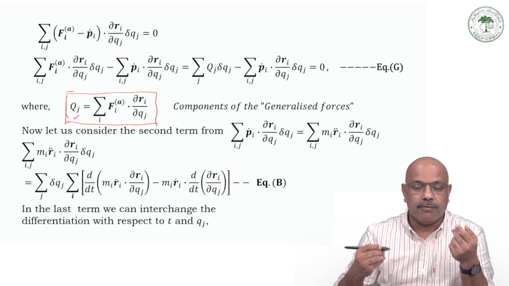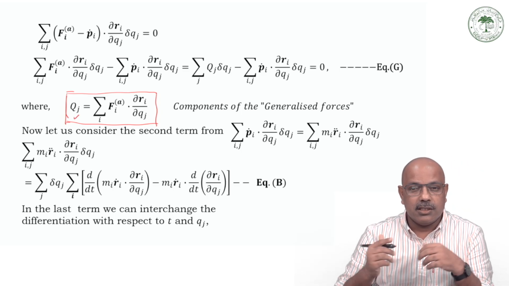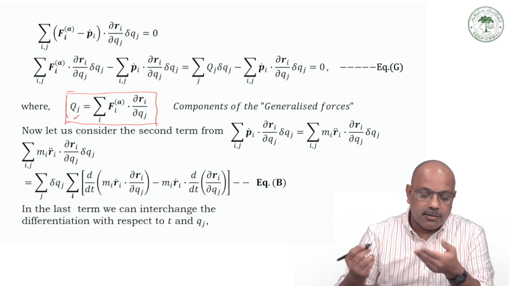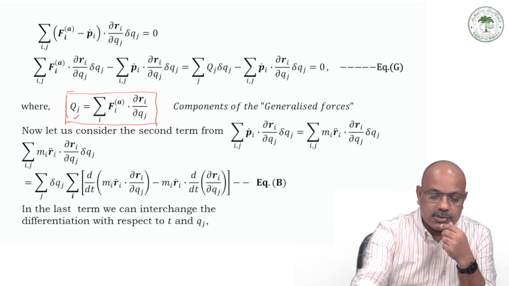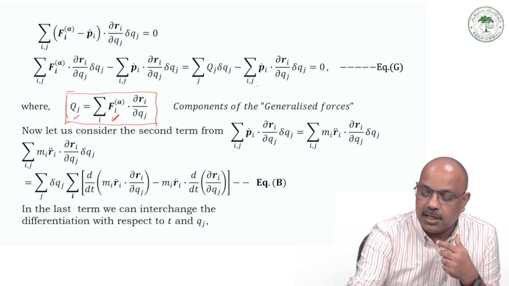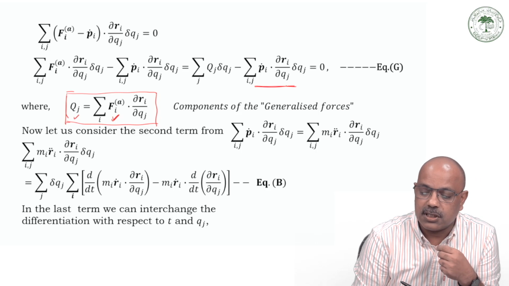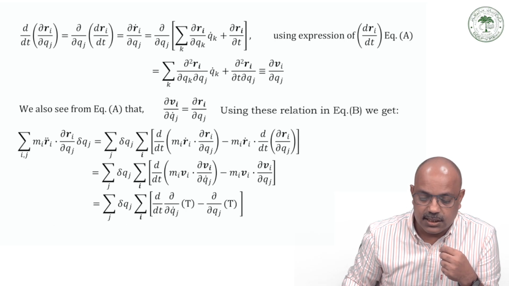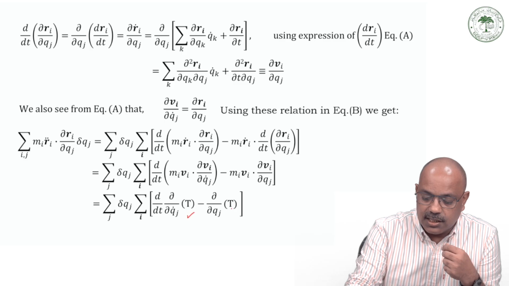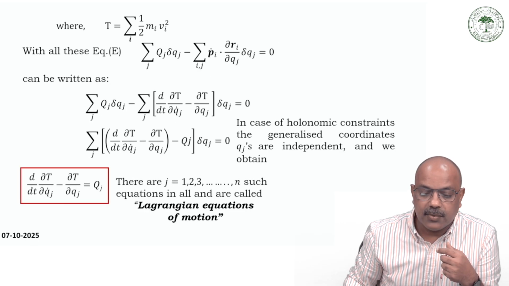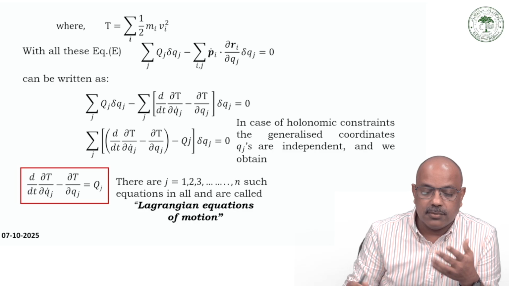Qj gives the components of the generalized force. This generalized force can consist of applied force, inertial force, and constraint forces, all types of forces. Then we concentrated on the second term of this equation, and what we finally get is in terms of the kinetic energy T, and then we use that in the final equation.